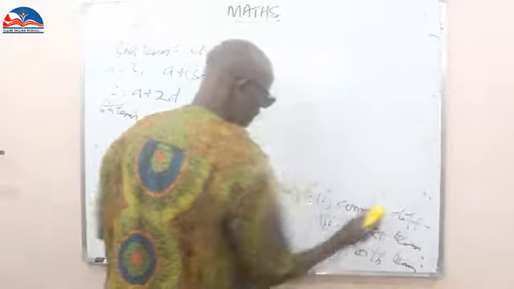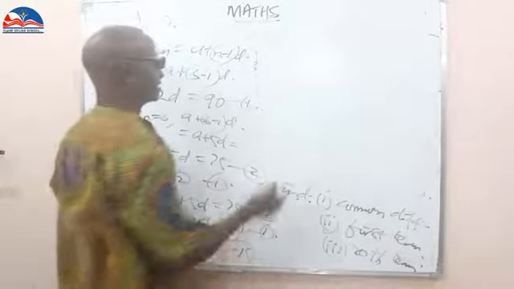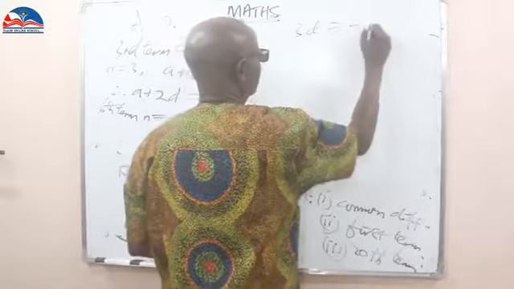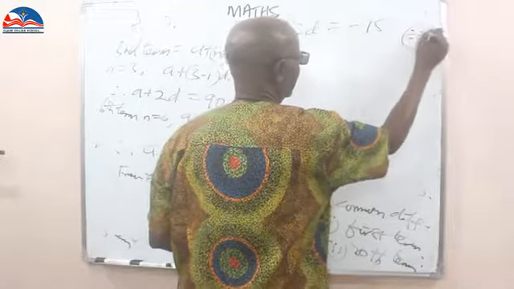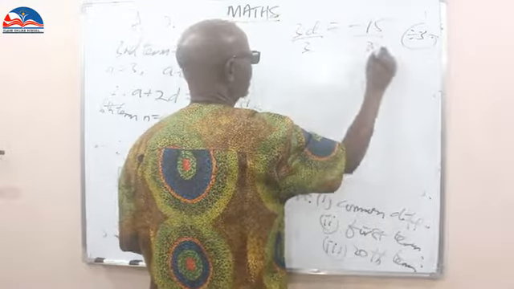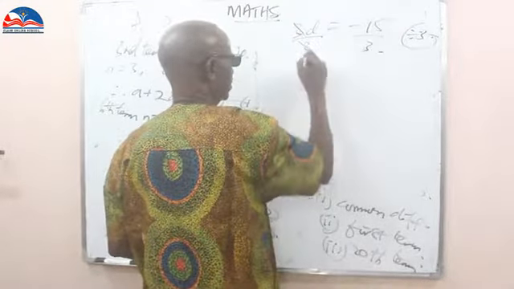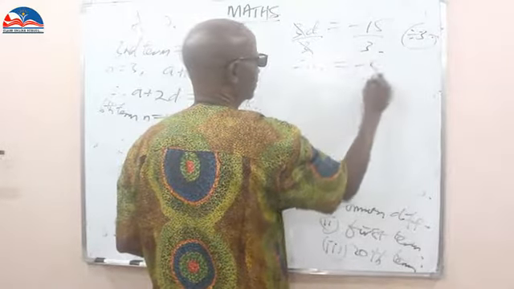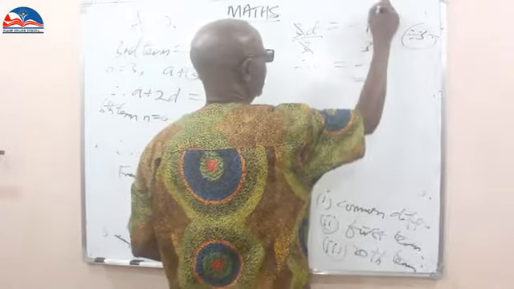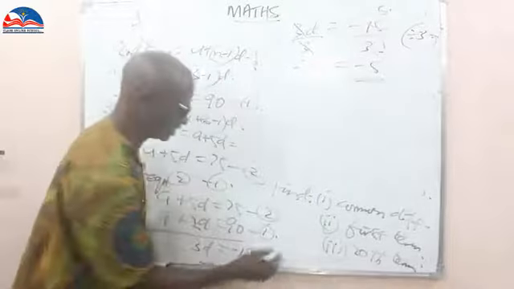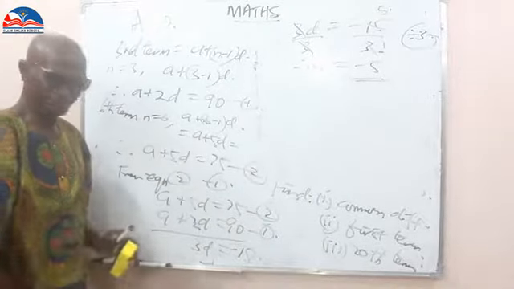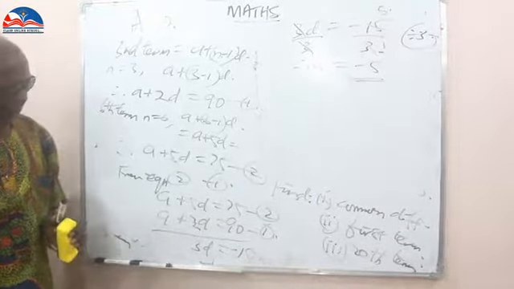If 3D equals minus 15, divide both sides by 3. Therefore D equals minus 5. That's the answer to number 1. My common difference is minus 5.